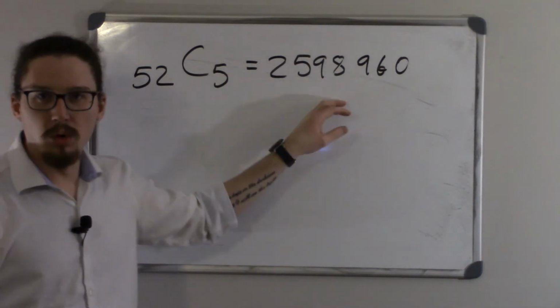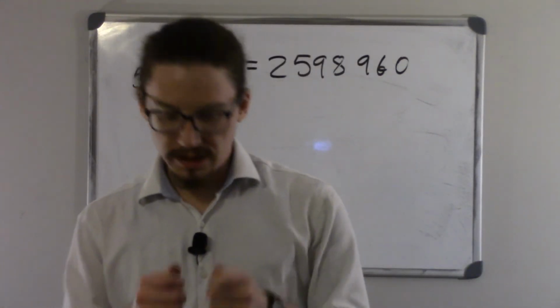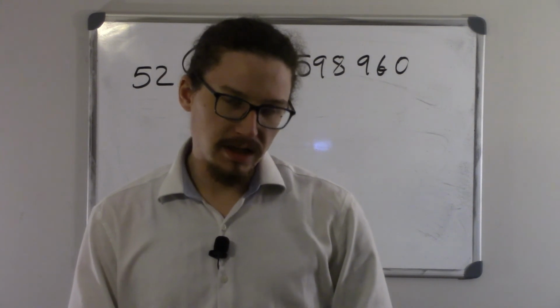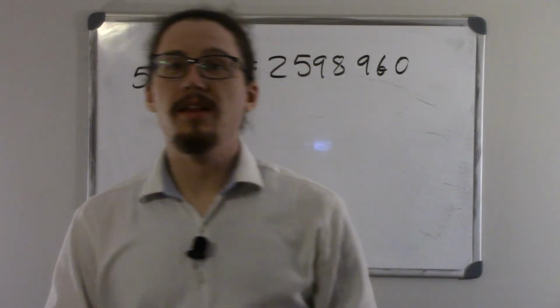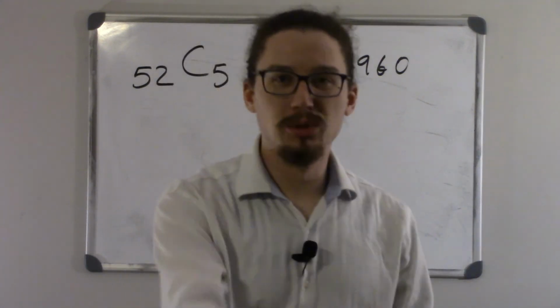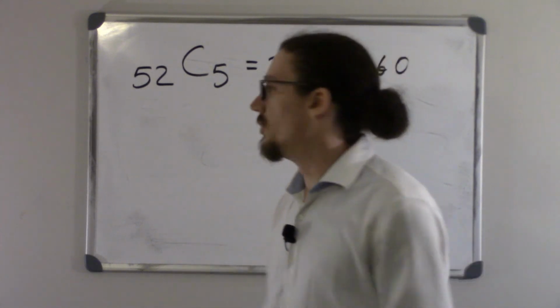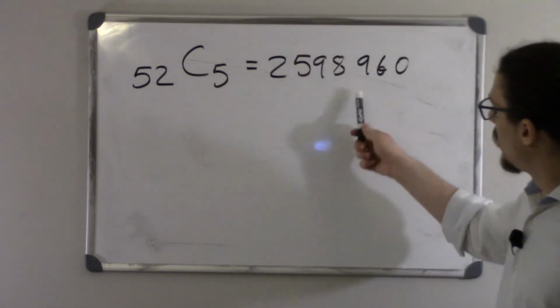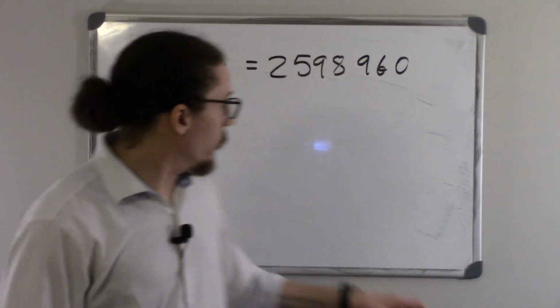So this is why we want these counting rules. Nobody wants to sit there and say, okay, King of Hearts, Queen of Hearts, so on. That's one set. Now let me change one. Let me change another one. Nobody wants to go through all of those different combinations. It's much easier to do something like this.